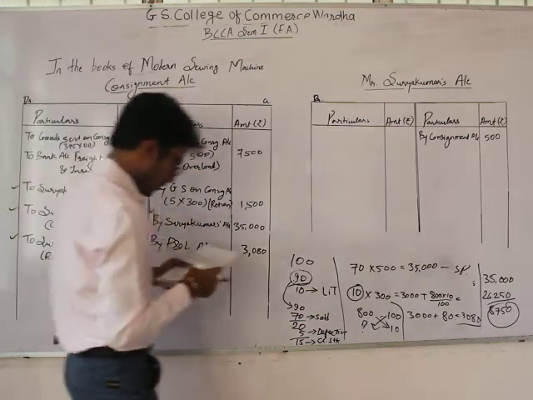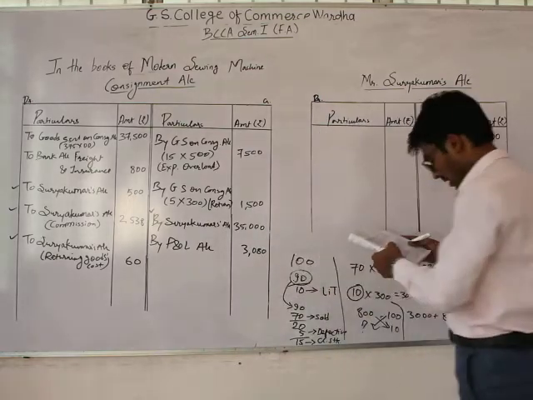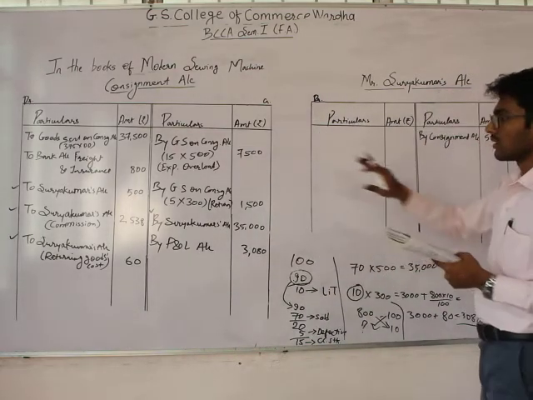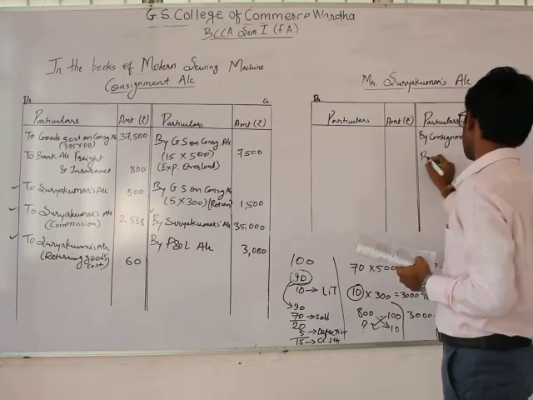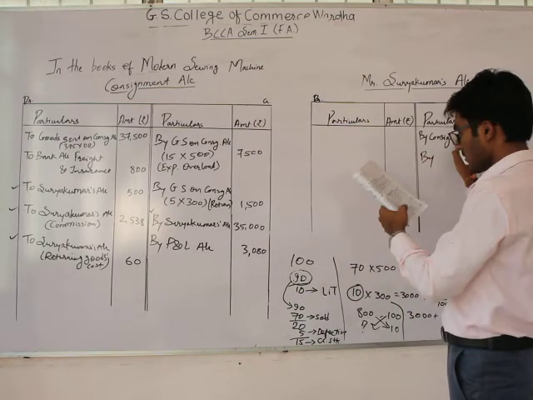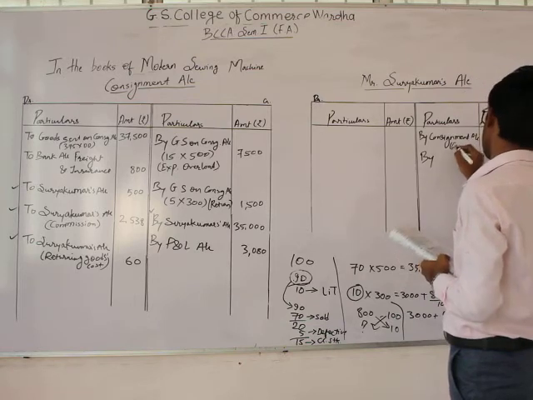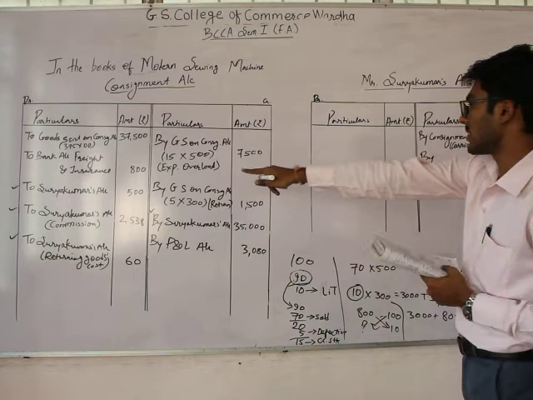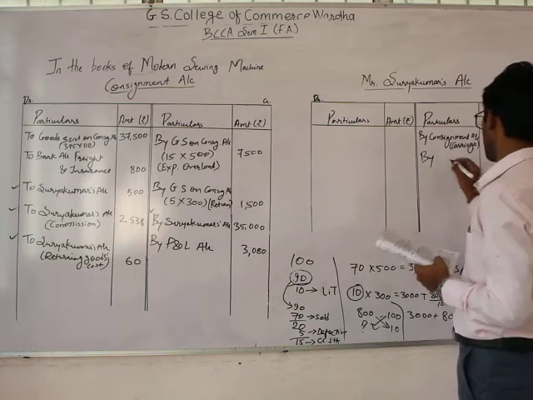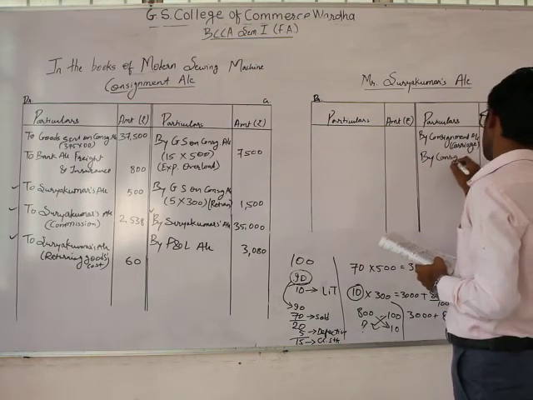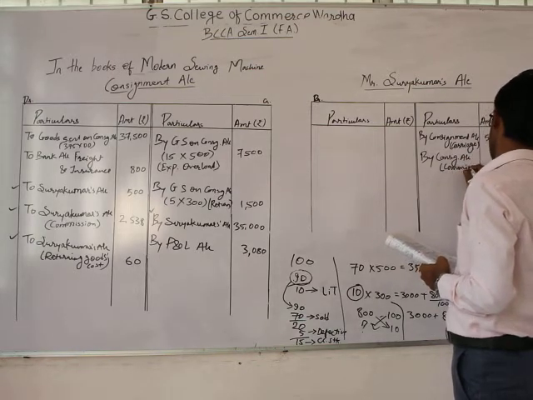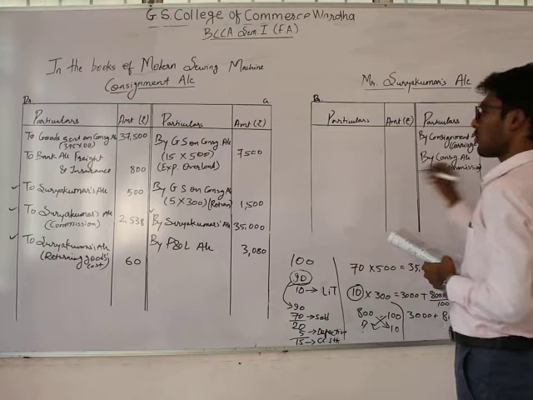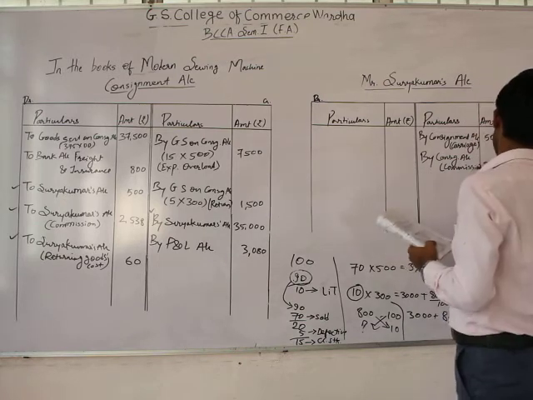So at the name of commission, this consignment account will be debited. So by consignment again, this 500 is for carriage, and that 2580 is for commission. So by consignment account, for commission, the amount will be 2538.